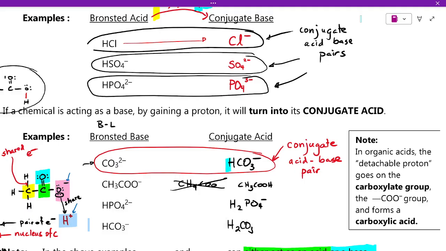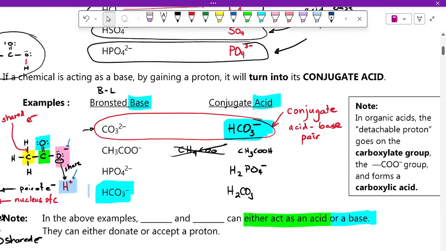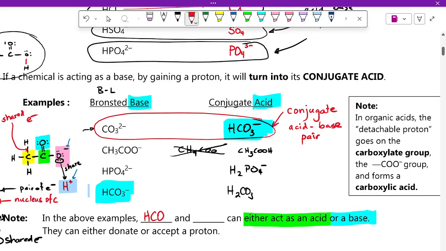Here's HCO3 minus. Where else do we see HCO3 minus? Oh, look at that. It appears as both an acid and as a base. So one of our things that can act as an acid and a base is HCO3 minus.